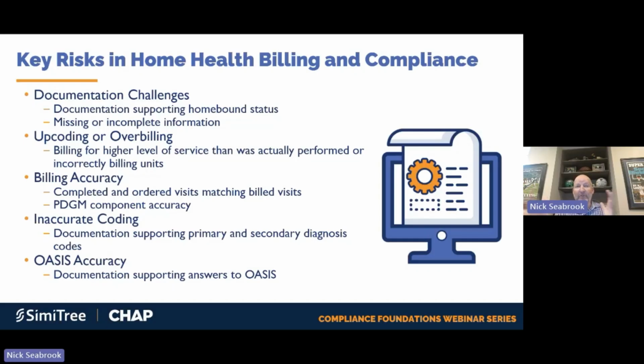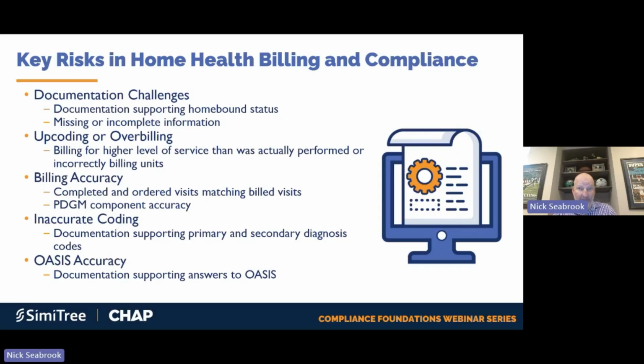That's another area where you want to make sure that you're tracking any kind of missing information and getting it as soon as possible. You don't want to be in a situation where you get an audit and it turns out, oh, guess what? That therapist never turned in their paperwork, but guess what? I had the visit on the claim. That's a big no-no. That's a huge red flag that you don't want to be caught in that situation.